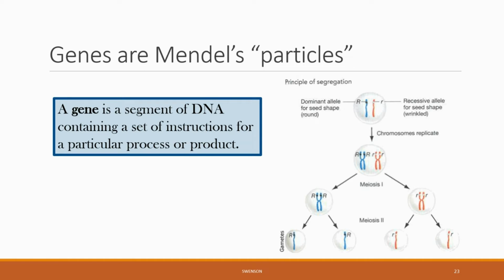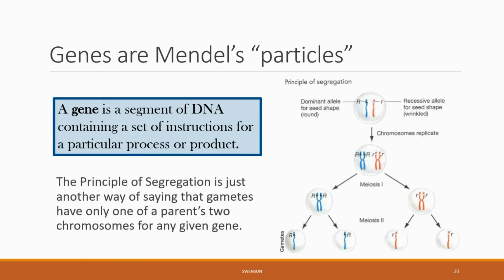It was only about 100 years later that the particles Mendel was referring to turned out to be genes. Genes are made up of specific sequences of DNA located in specific positions on chromosomes, and gametes only have one of the parent's two chromosomes for any given gene. In the image, we can see how a single set of genes is isolated through the process of meiosis, leading to haploid cells called gametes.